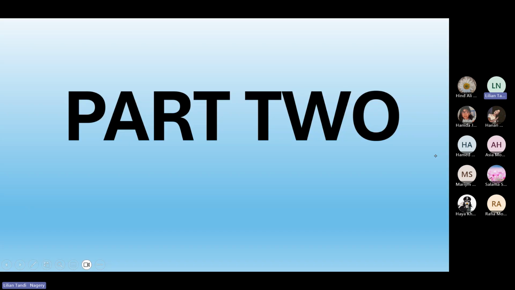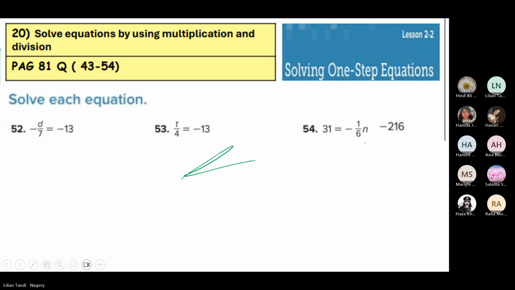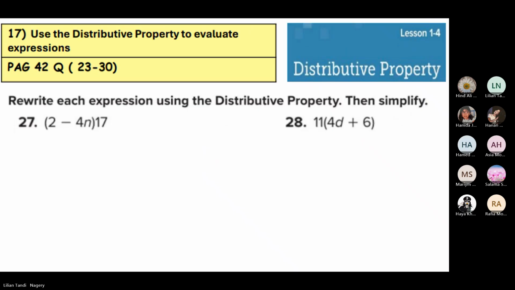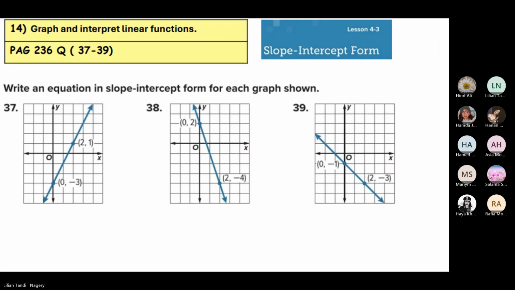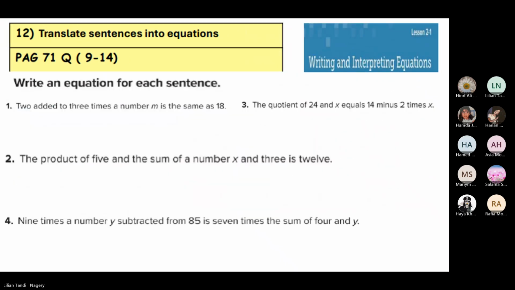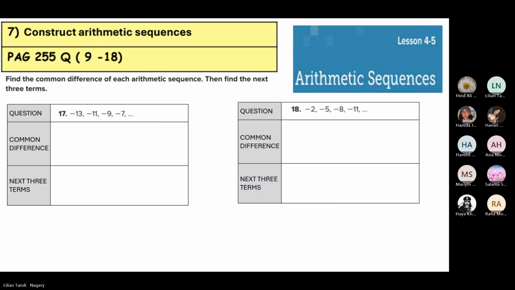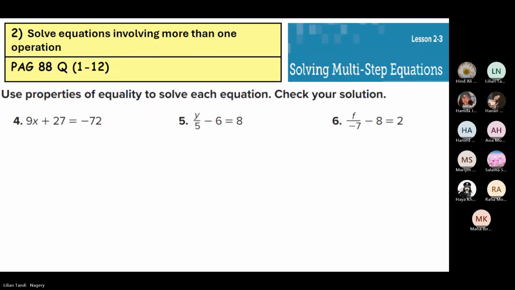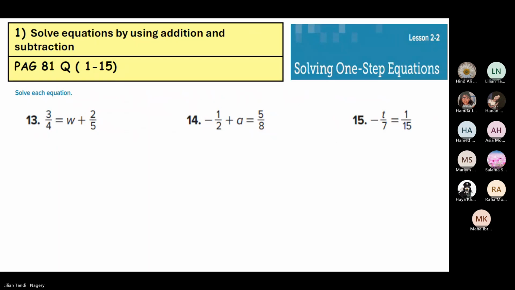Where is my pen? Wait. You see here? What number is it on your paper? Question 1. Okay. Miss, number 15.